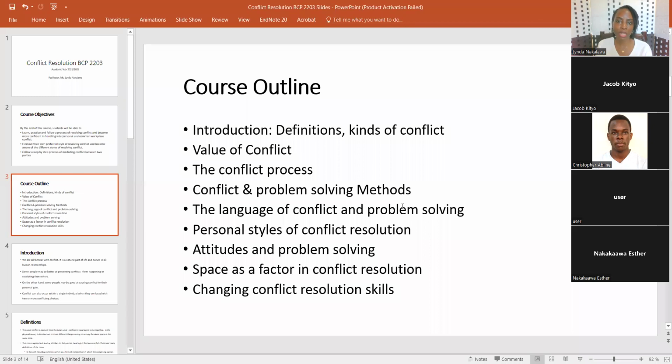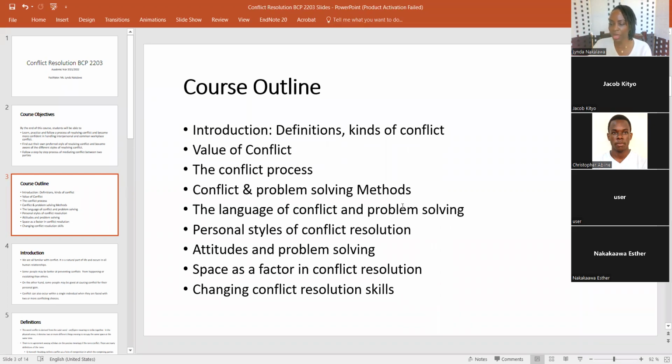It's not only in psychology. You're going to find conflict resolution among our neighbors in the Department of Peace and Conflict. You'll find it among political scientists, and among other disciplines. That is why we need to look at different definitions of conflict according to different disciplines.